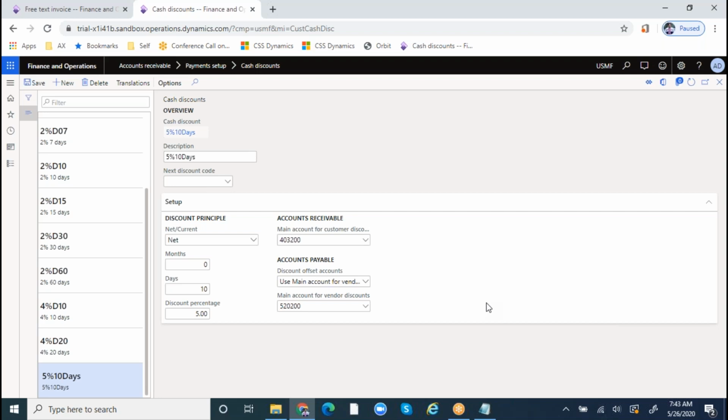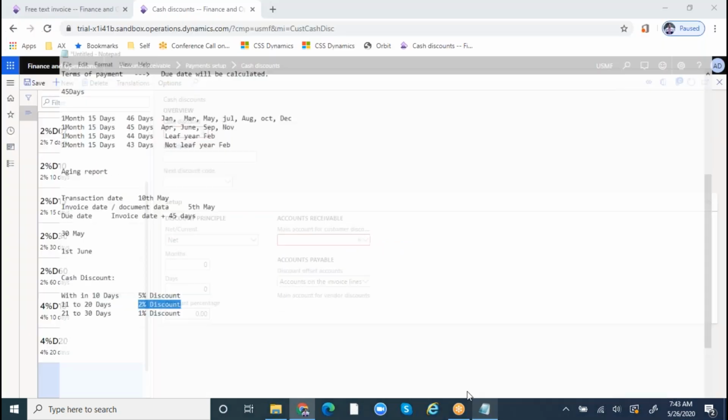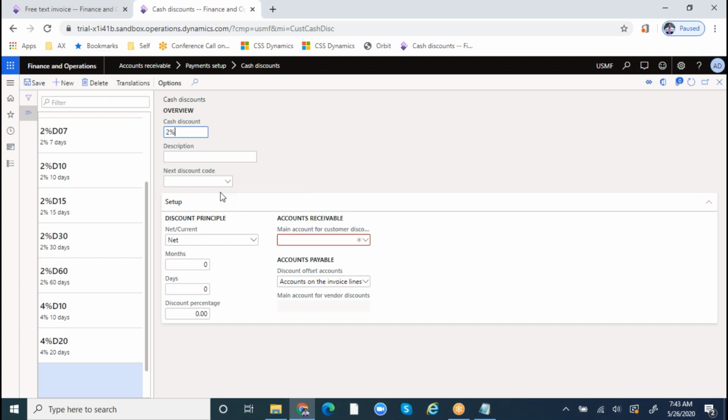Okay, fine. Now one is for customers, one is for vendors. Now let me create another vendor, like another discount. What we have configured, like 2% 20 days.